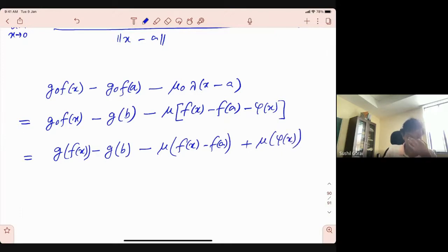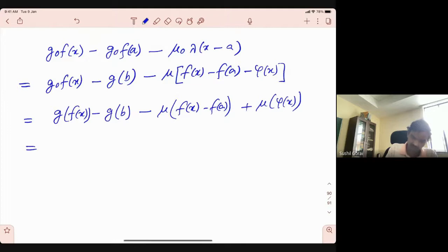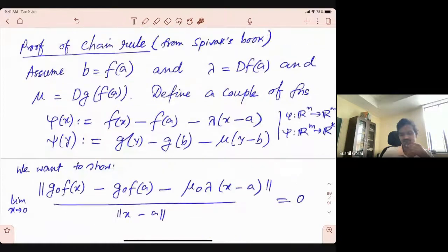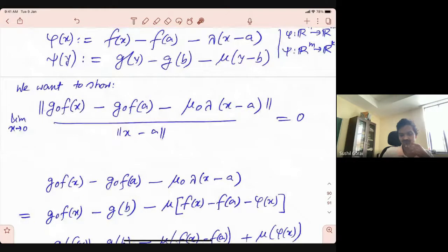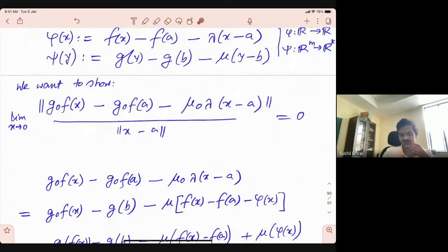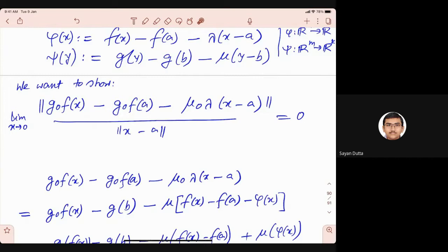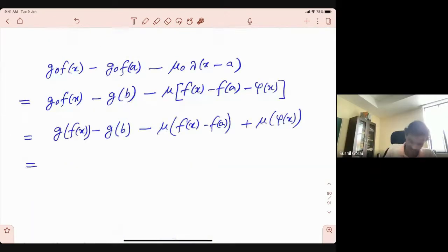Now what is this part in terms of psi or phi? It is psi of f(x), plus mu of phi(x).